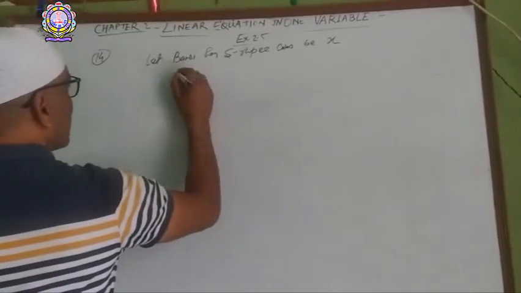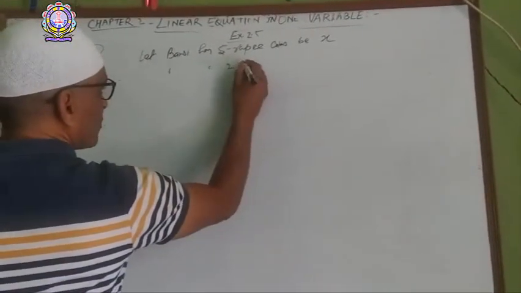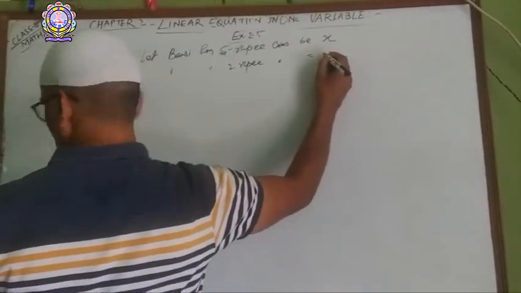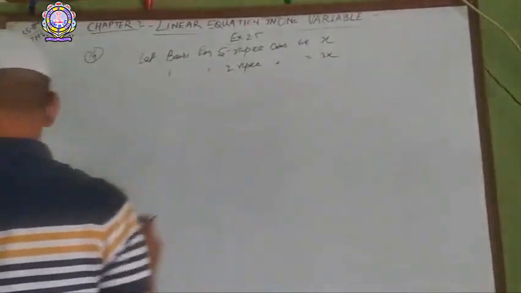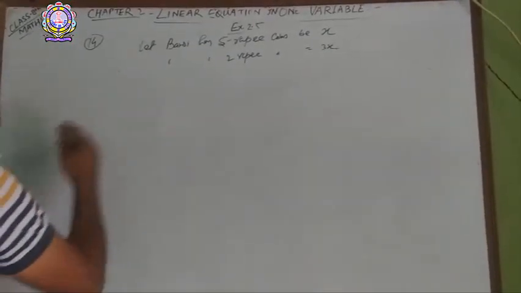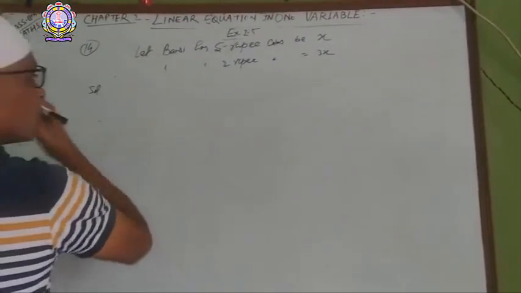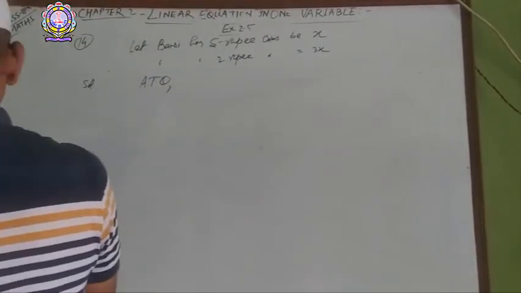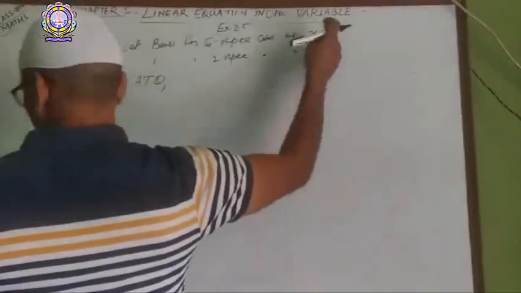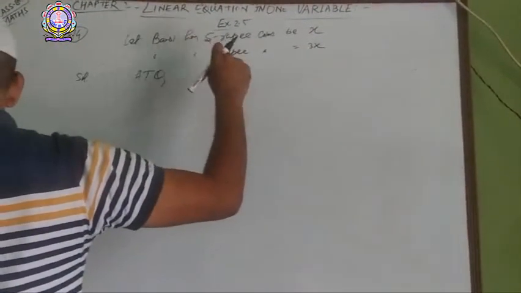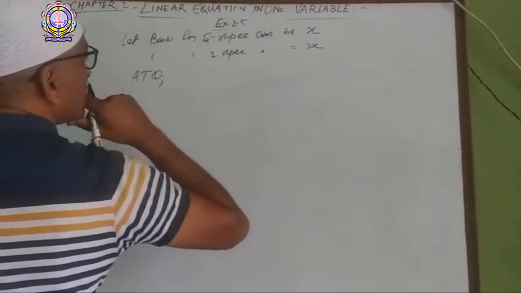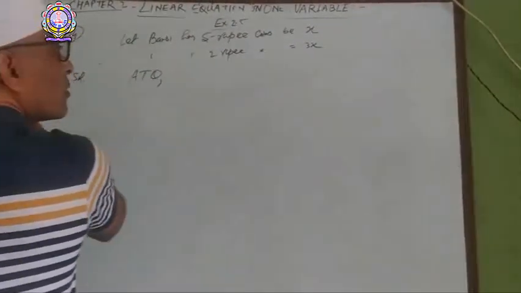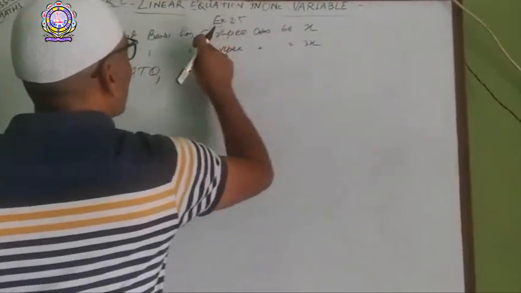And Bansi has 2 rupee coins equal to 3 times, that is 3x. Therefore, according to the question, he has a total of rupees 77. Now convert the number of coins to rupees.